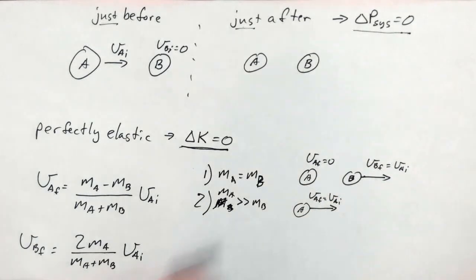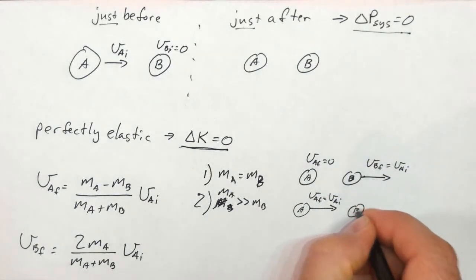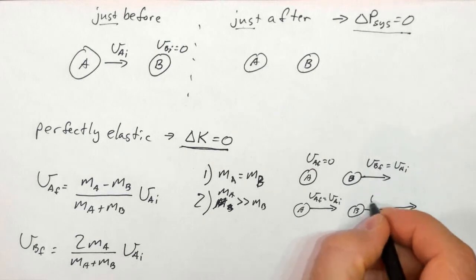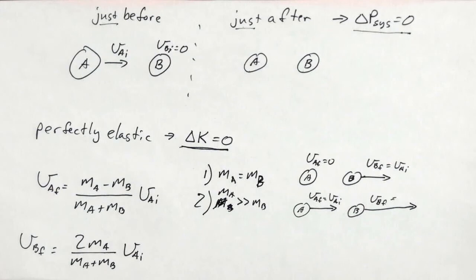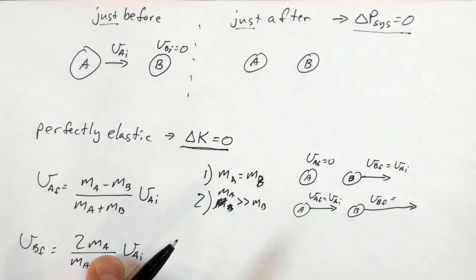We're assuming B shoots off with a high speed. VB final, what does it equal? It should be bigger than VA initial. What do we get here? Well, MA plus MB, again, to this approximation is just MA. And so I can ignore that MB down there. And I get 2MA over MA is just 2, because the MA's cancel.